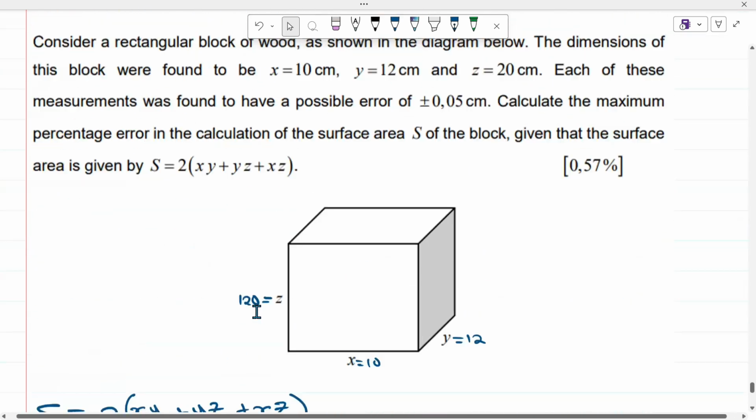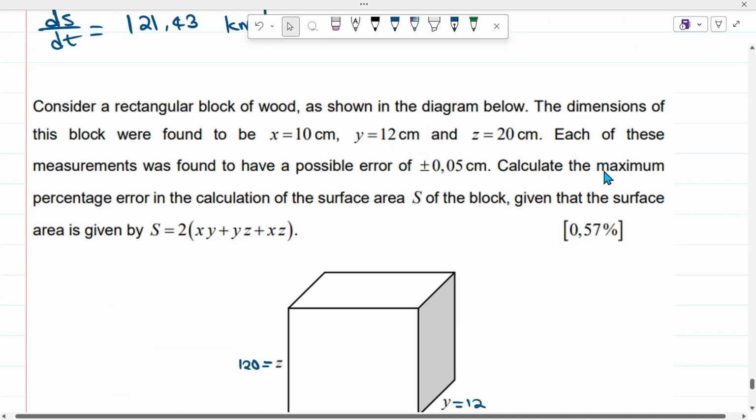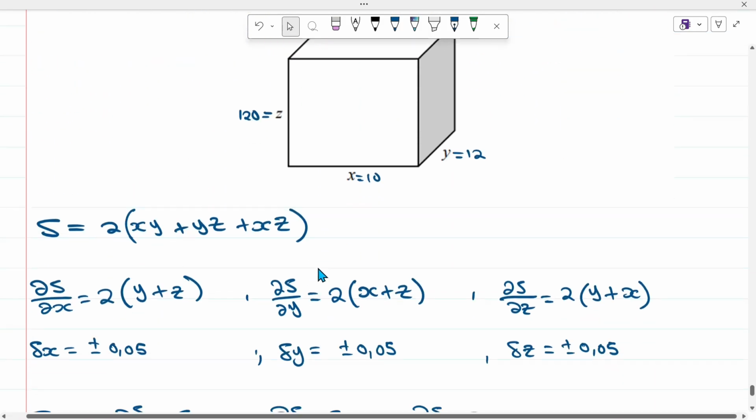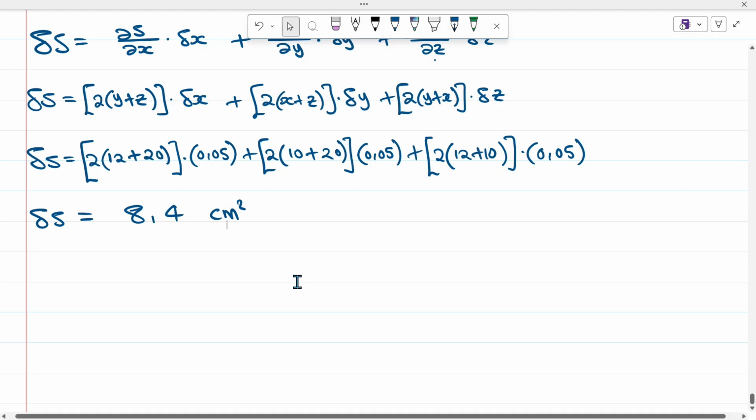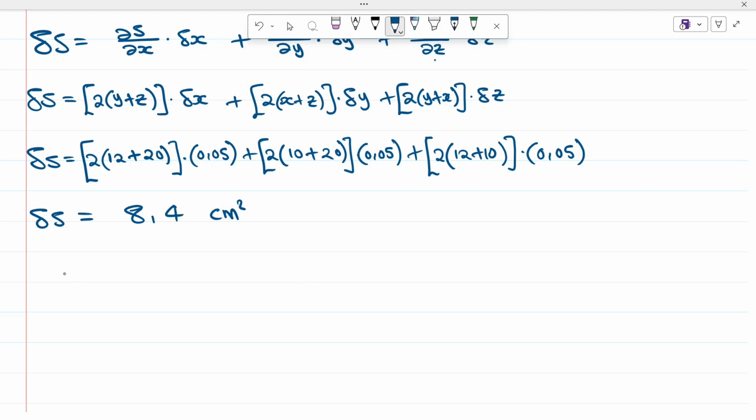So we haven't answered our question yet. The question said calculate the maximum percentage error. So we should first calculate the total surface area, because we just calculated the small change in the surface area. Then we will divide the small change by the total surface area.